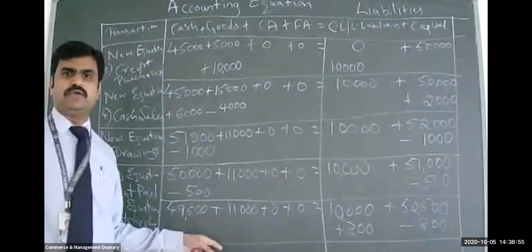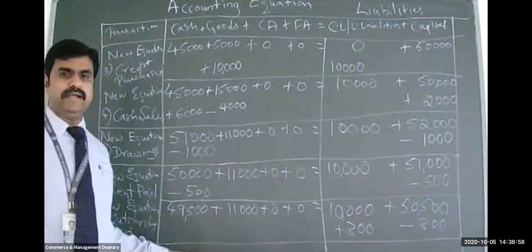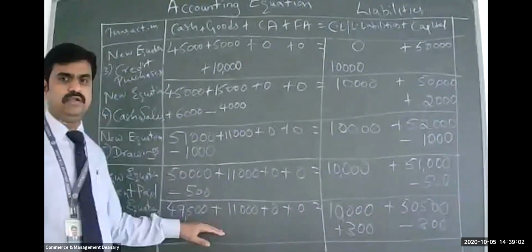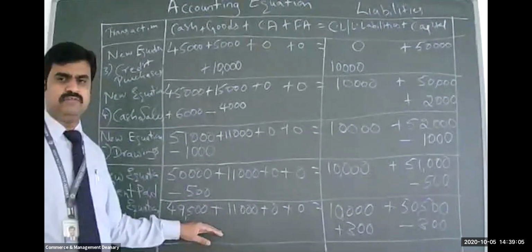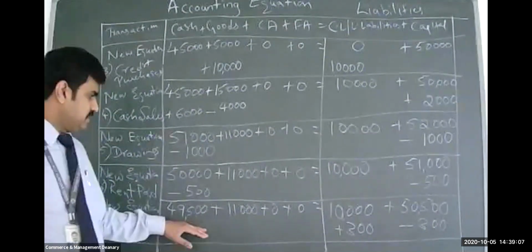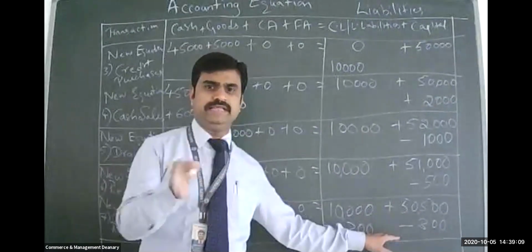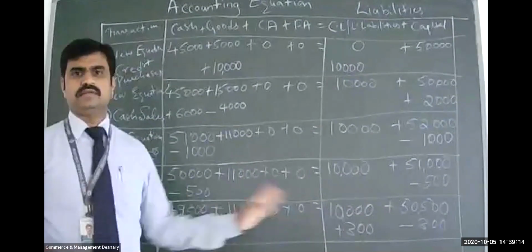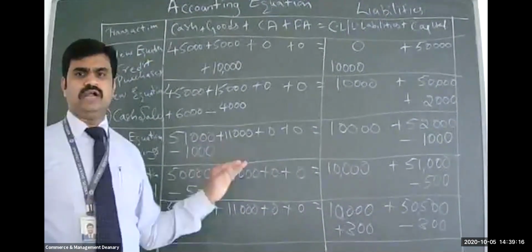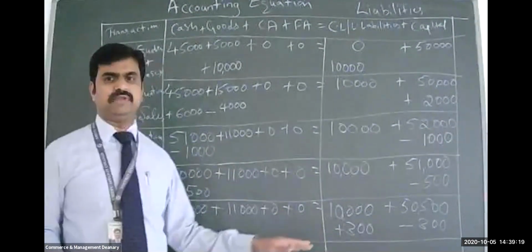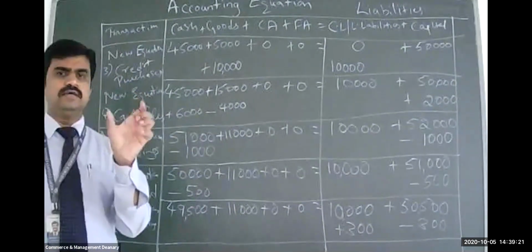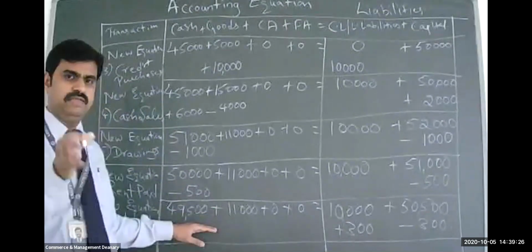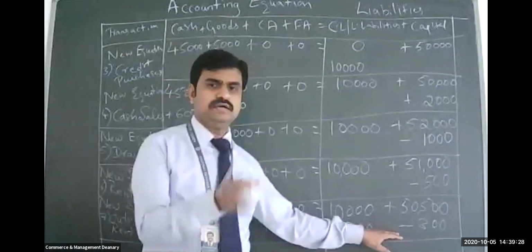From this transaction, what you can learn is one more thing. It is not mandatory to always write on both sides. Sometimes only the asset side itself will nullify the effect, that means they will tally each other. Sometimes only the liabilities will tally each other. Sometimes a particular transaction will be sufficient on one side, maybe the asset side itself, or on the liability side.